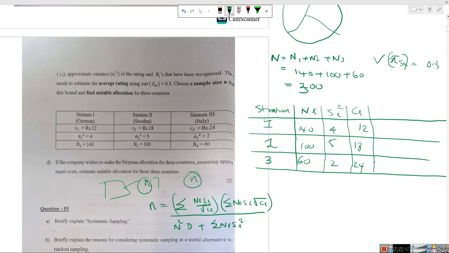So using this, we can find out the sample size in optimum allocation.